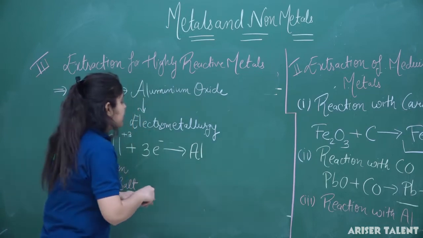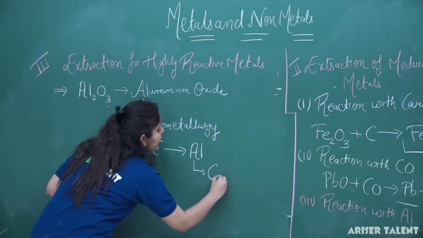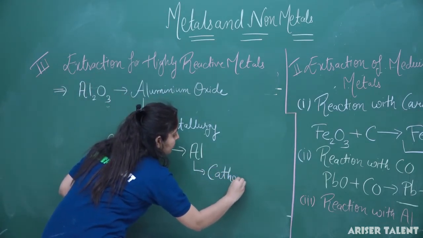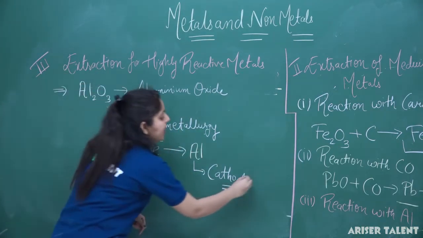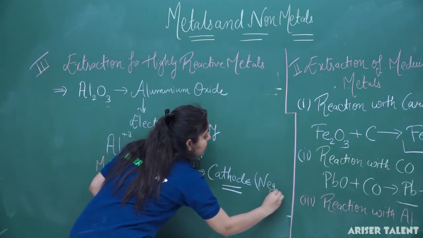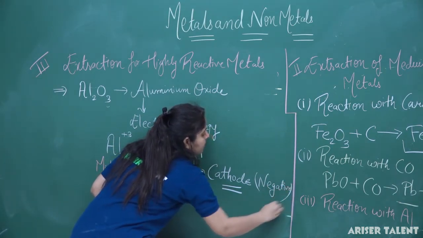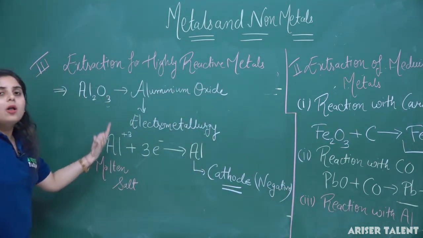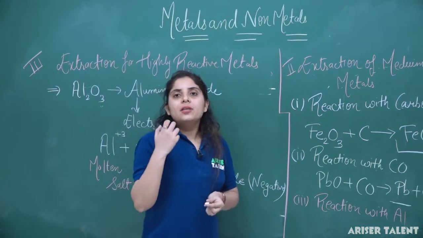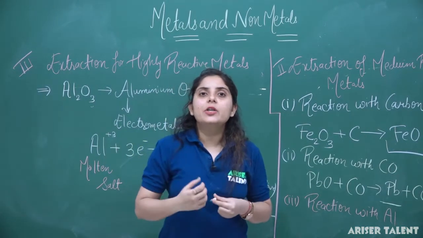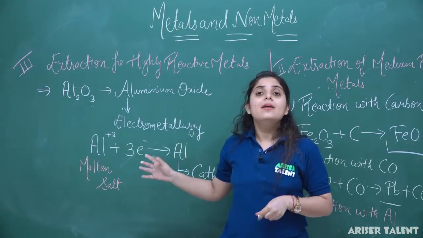So this aluminium is only obtained at the cathode. So this is all considered in electrometallurgy. The extraction of highly reactive metals can only be done this way.